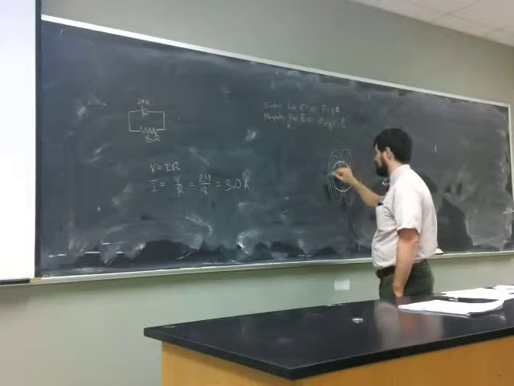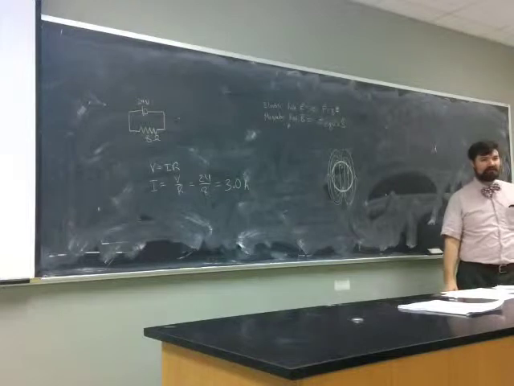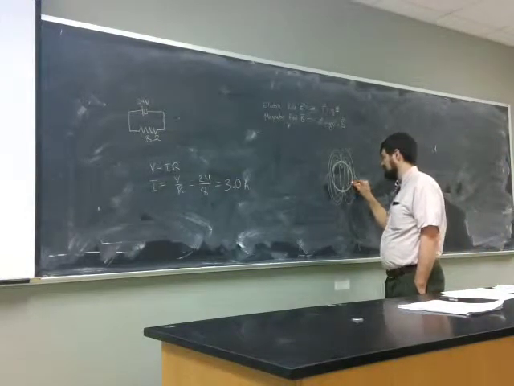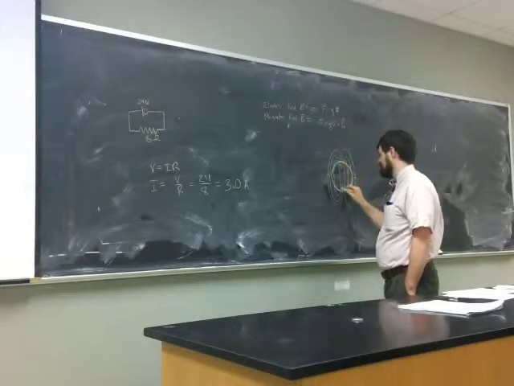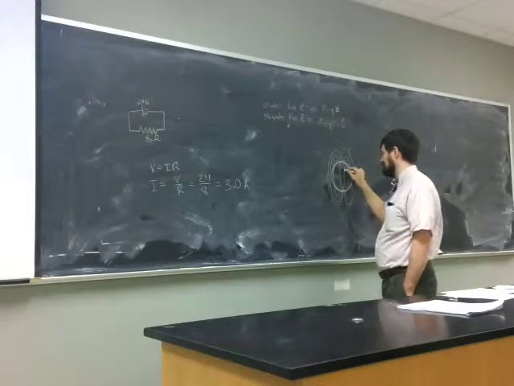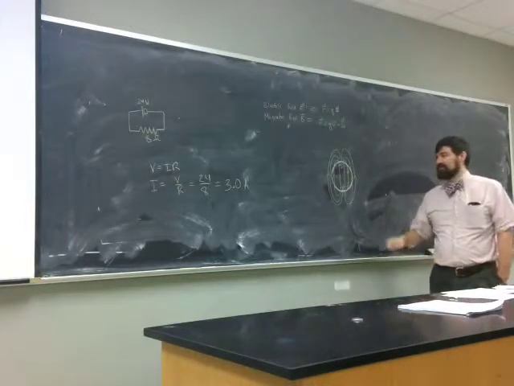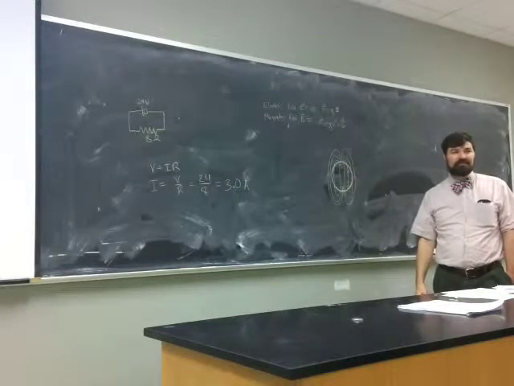So here's the Earth with a bar magnet drawn inside of it. Down here is Australia, and up here would be like the North Pole, South Pole, etc. Can't draw the continents. So you'll notice that I put the South Pole of the magnet at the North Pole of the Earth. That's correct.